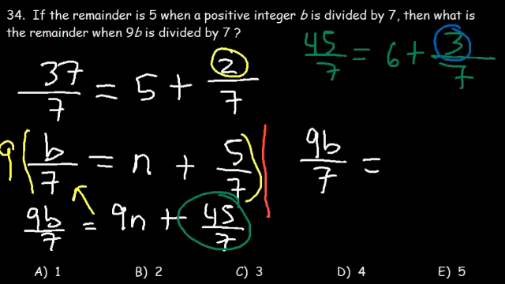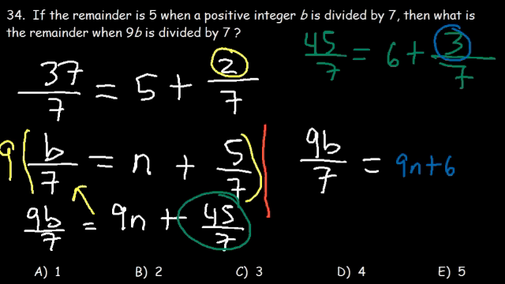So we can rewrite this as 9b over 7. 7 goes into 9b at least 15 times, or 15n, where n is the number of times it can go into. Well, maybe that's not really accurate. I should say 9n plus 6. There we go, that's more accurate.